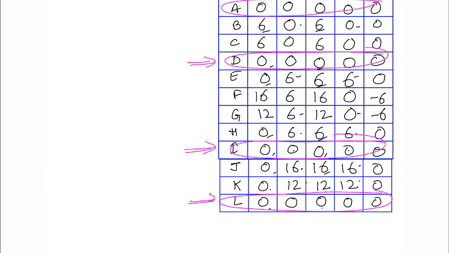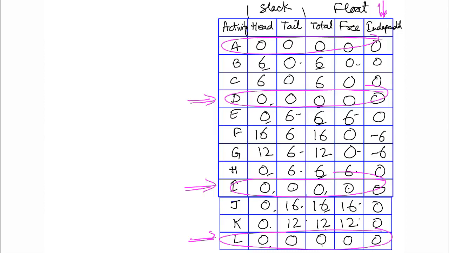All their values are 0 because they do not have any slack or float. So for critical activities, all these will always be 0 only.